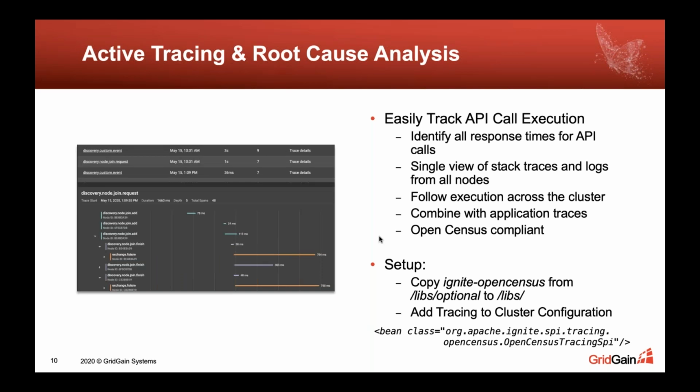So one of the key feature areas provided by Control Center is the ability to collect spans from an OpenCensus based system. So this is set up out of the box for GridGain and once Ignite 2.9 releases. You need to, as I was mentioning before, set up your tracing SPI in your configuration file.